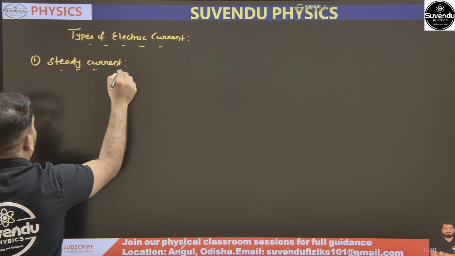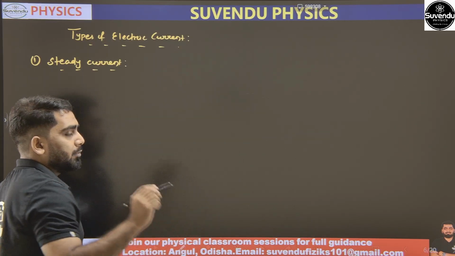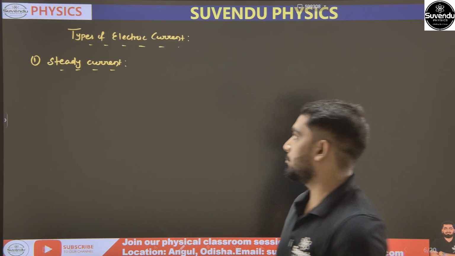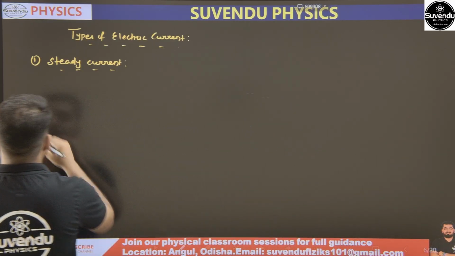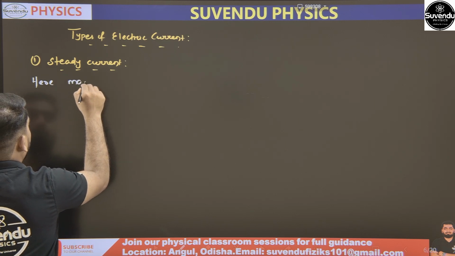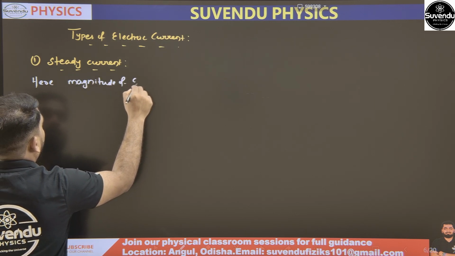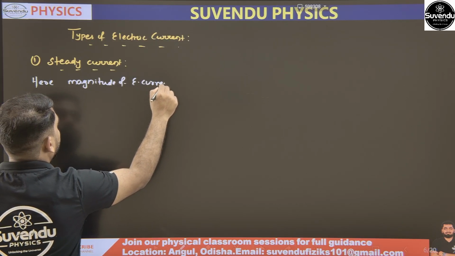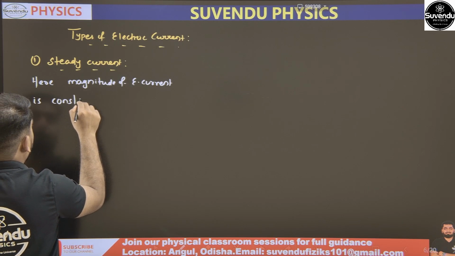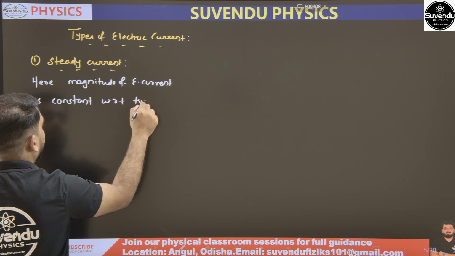Steady current. What is steady current? Now see, magnitude of current remains constant with respect to time. So here we can say the magnitude of electric current is constant with respect to time.